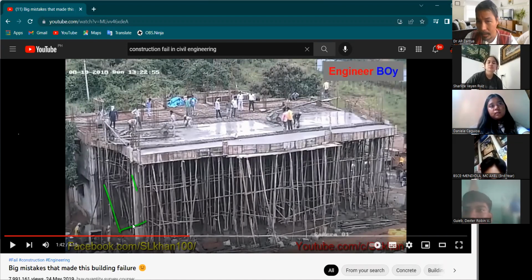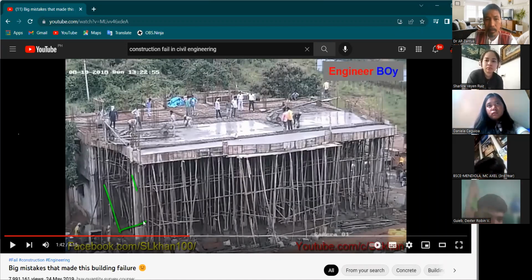Haligi, column, post. So one column here, and the next column is actually there. So take note here. This is the protrusion of reinforcement from one column, and this is the protrusion from the next column. Imagine how long.